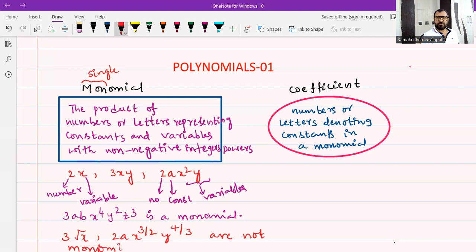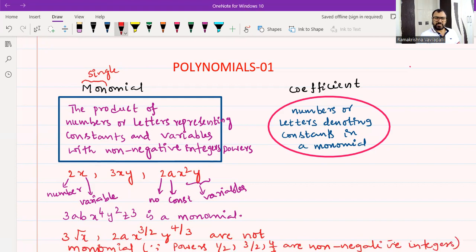Because the power of each variable is not a non-negative integer. Since here you see the powers 1 by 2, or you can say indices 3 by 2, 4 by 3, are not non-negative integers. So that's why this expression is not a monomial.